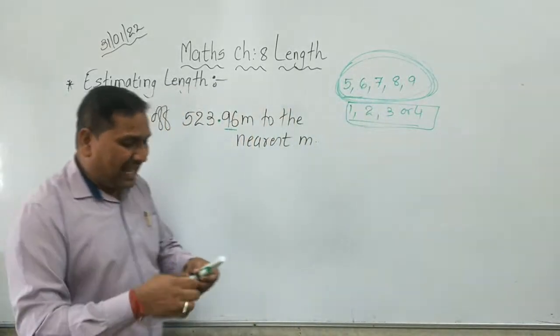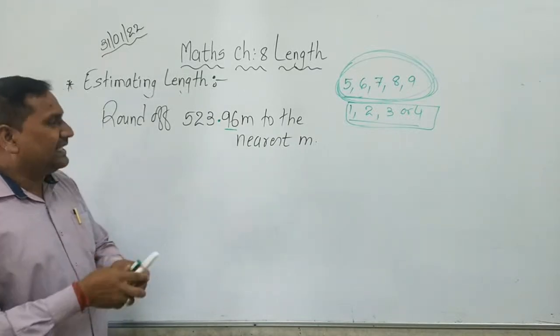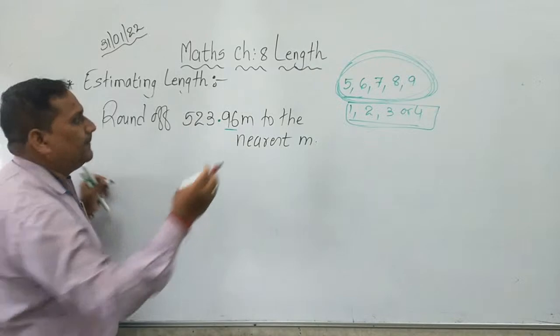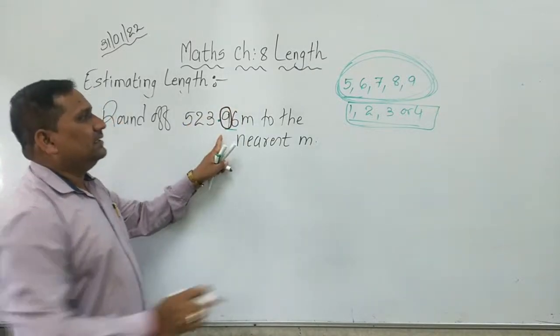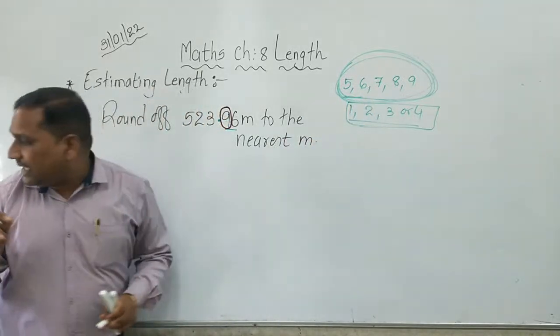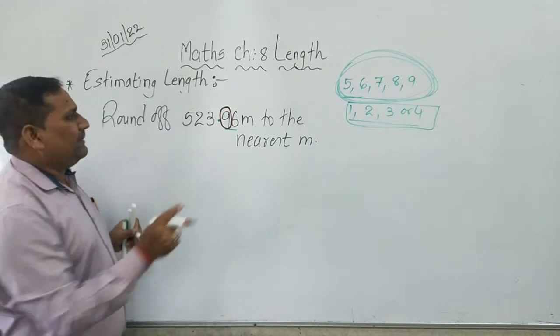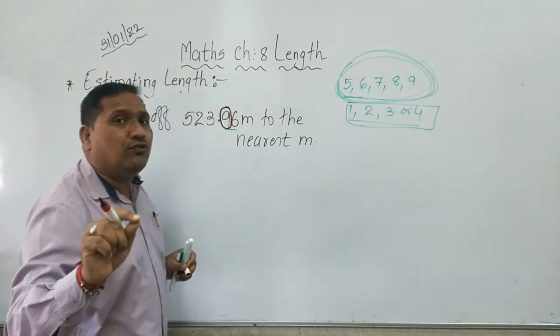So just check the number which is given after decimal. After decimal what has been given? 9. So which is greater than 5? 5 से greater है. So that means if it is greater than 5, always we have to do what?